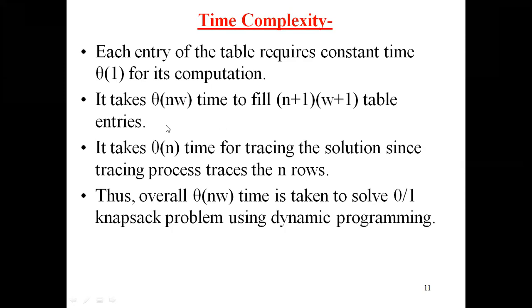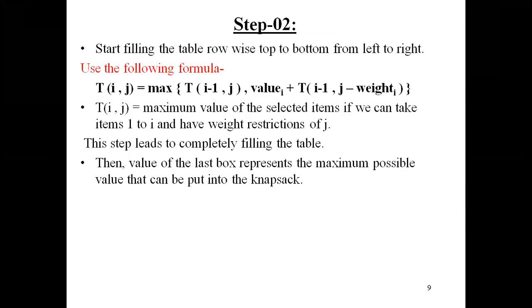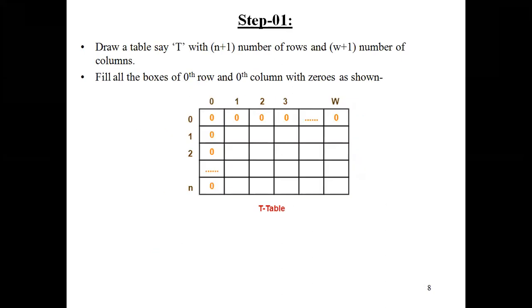That particular table consists of W+1 columns and n+1 rows. We are using that table. n is the number of items, and W is the maximum capacity. Suppose the maximum capacity is 8 kg, for example. Then 9 columns are needed in the table.